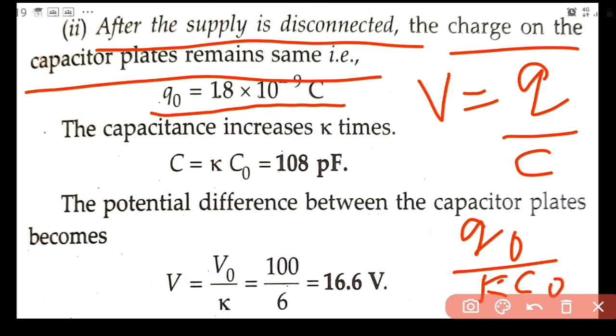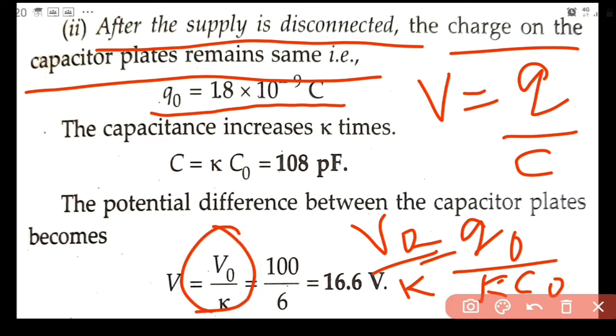Q0 by C0 is the potential difference V0, so we can write this as V0 by K. So the potential difference with the dielectric is V0 by K. Very simple: V is Q by C, where Q is Q0 because the charge remains the same, but C has changed to KC0.